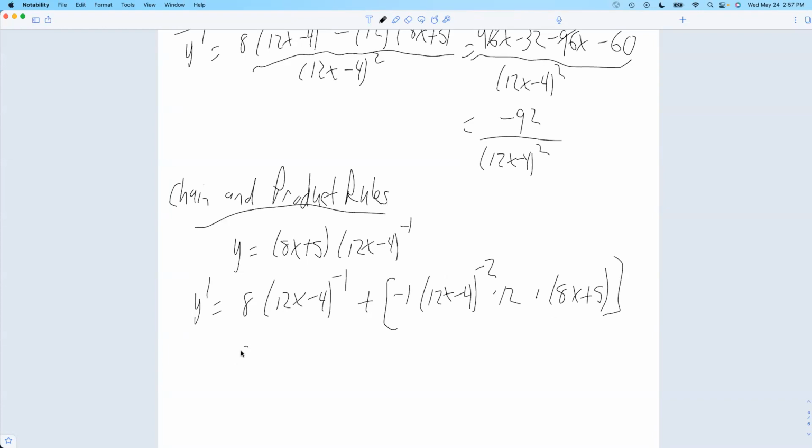This is 8 over 12x minus 4 minus 12 times 8x plus 5 over 12x minus 4 squared. Oh, if I were going to combine this together, I would have to multiply top and bottom of this guy by 12x minus 4.